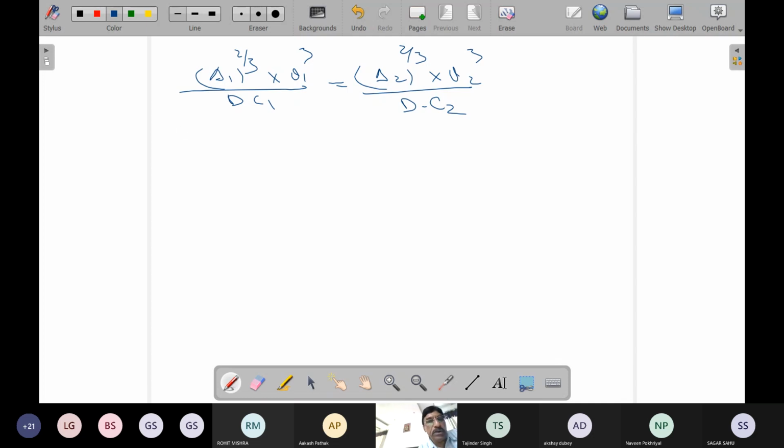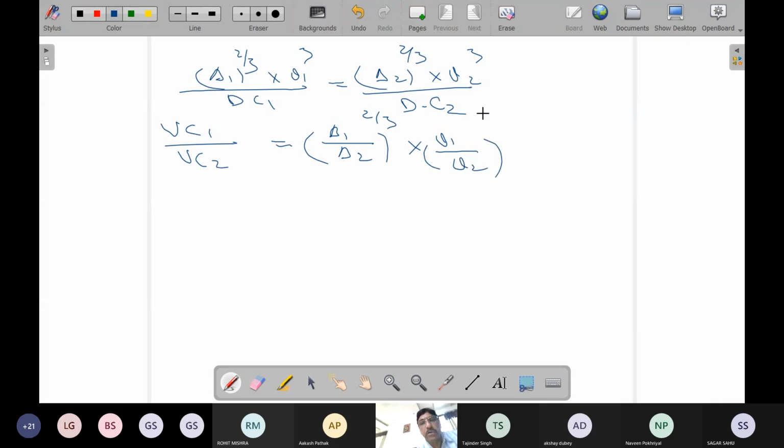Also, let us see what a voyage consumption is. First you write down the formula VC1 over VC2. Now VC1 is the voyage consumption number 1, any voyage, and similarly you have another voyage which we are calling VC2, is equal to delta 1 by delta 2 raised to power 2 by 3 into V1 by V2 square into voyage distance 1 over voyage distance 2.